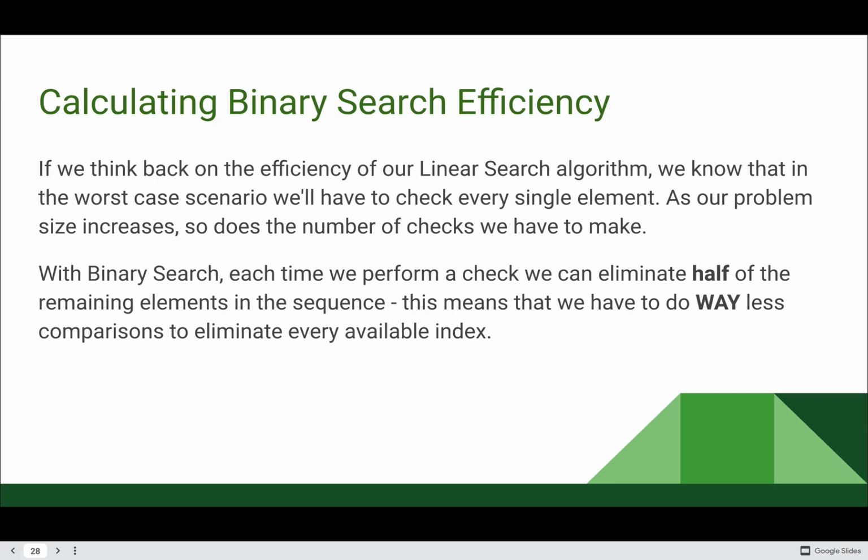With binary search, anytime we perform one of our checks, we can eliminate half of the remaining elements in the sequence. And what this means is that we have to do way, way less comparisons to eliminate every available index.